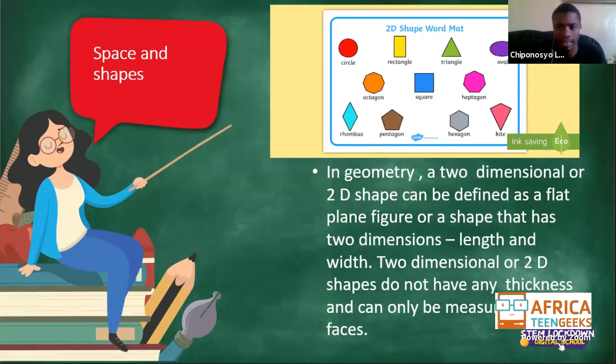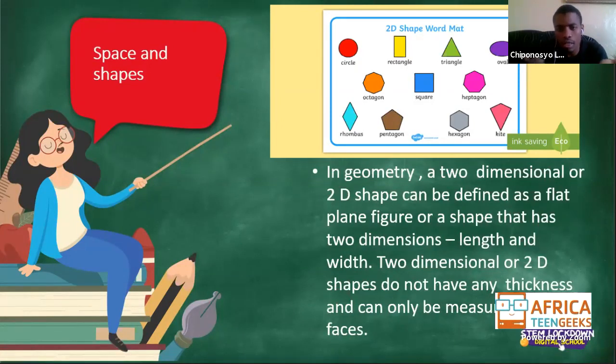That's why I described them as shapes that would normally be drawn on paper, flat as plane figures. That's why when we look at 2D shapes, we speak of vertices and sides, like yesterday I told you. Because they're flat, you can't say edges.